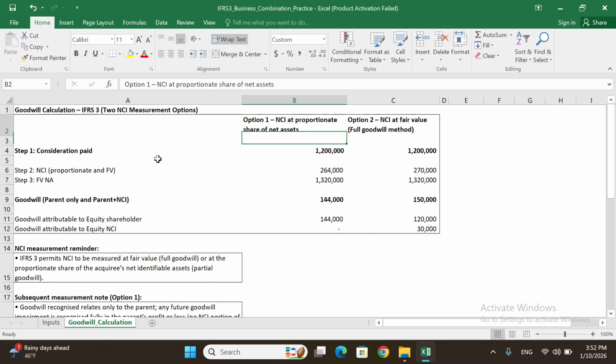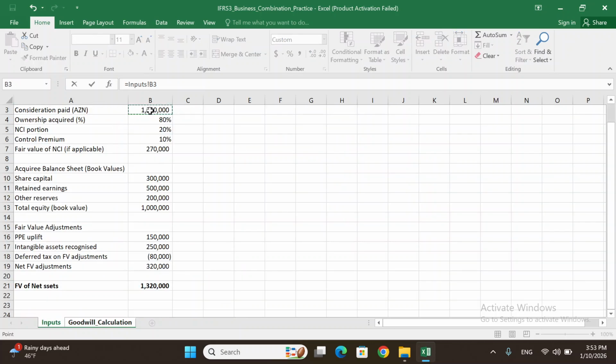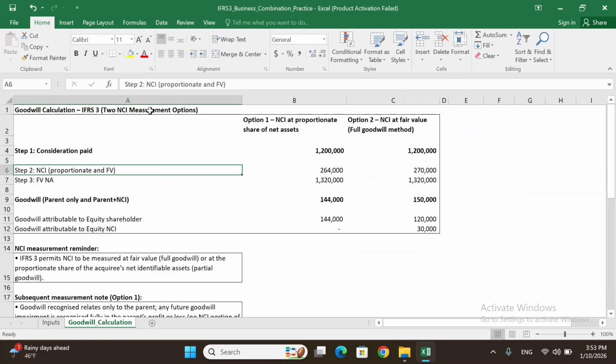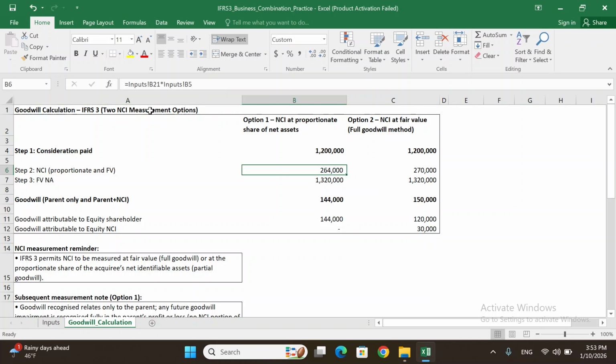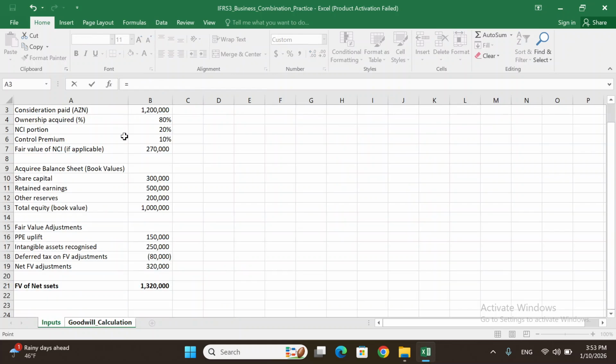In option one, where the goodwill is attributable to only equity shareholders, we calculate consideration paid. This doesn't change here, 1.2 million. NCI is calculated as proportion of net assets, and we have the total net assets, and NCI portion is 20%.